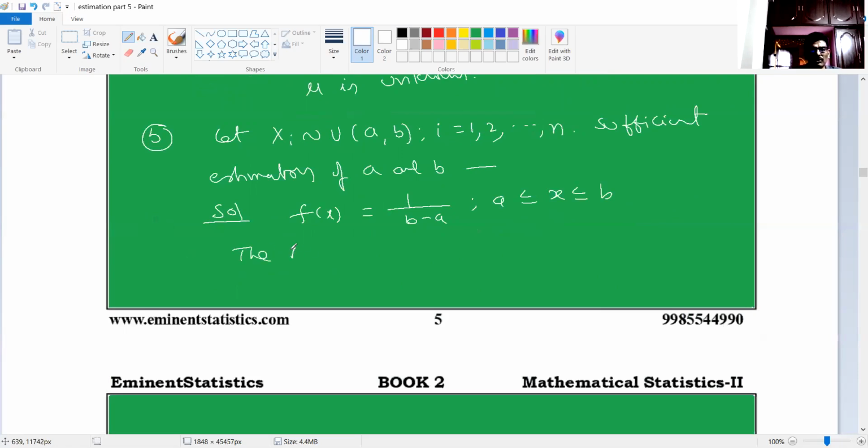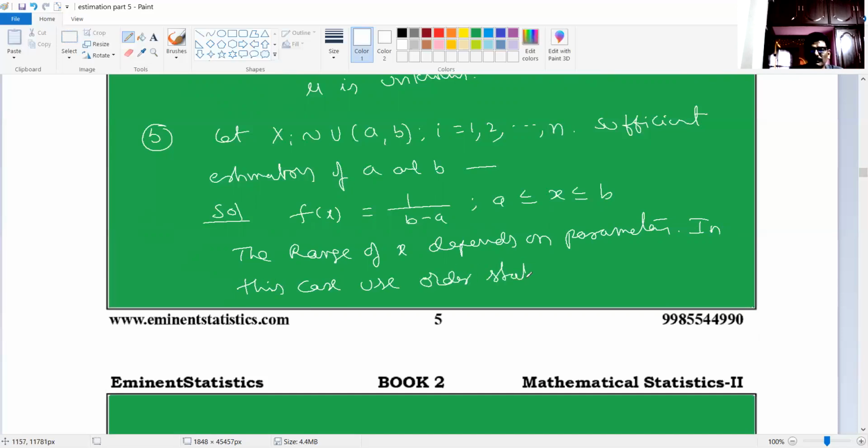Here the range of x depends on the parameters. In this case, use the order statistic method.